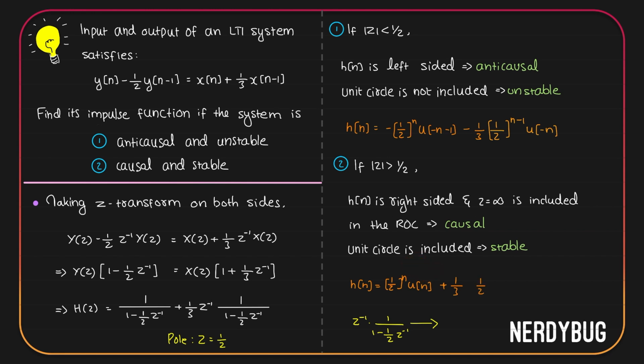So we can write 1 by 2 raised to the power n minus 1 u of n minus 1. Therefore, if the system is anti-causal and unstable, this is the impulse function. If it is causal and stable, this is its impulse function.